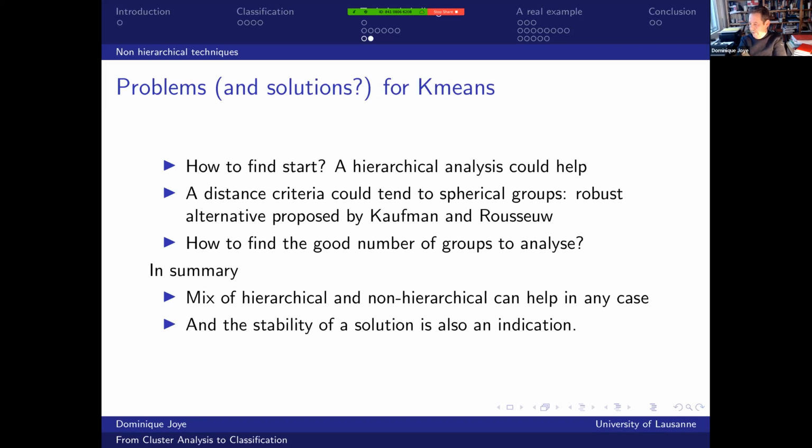For myself, what I do most often, and I will show you that in more detail later, in order to find the starting points, why not do a hierarchical analysis? Because probably even if the hierarchical analysis is not perfect, it will give you an indication about different groups.